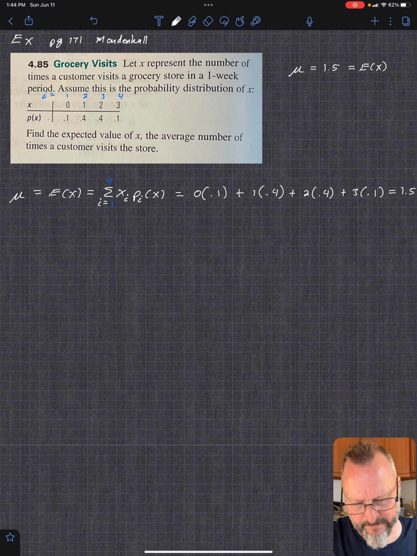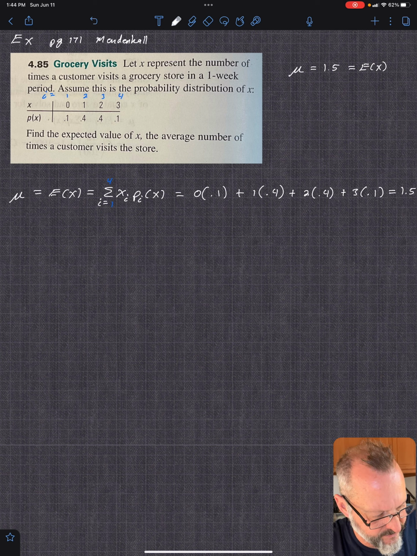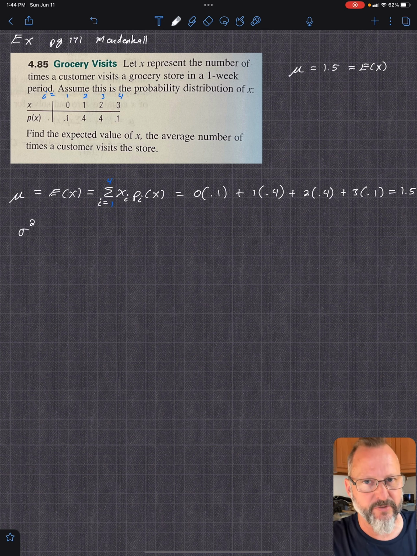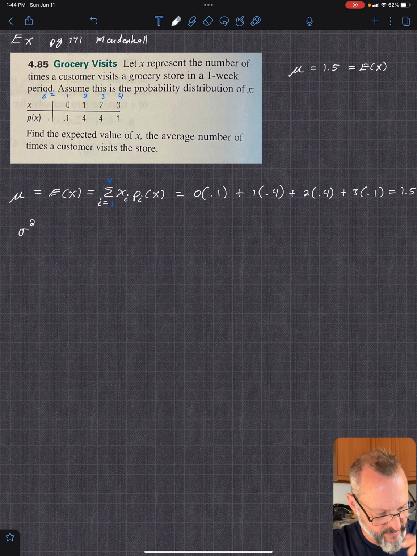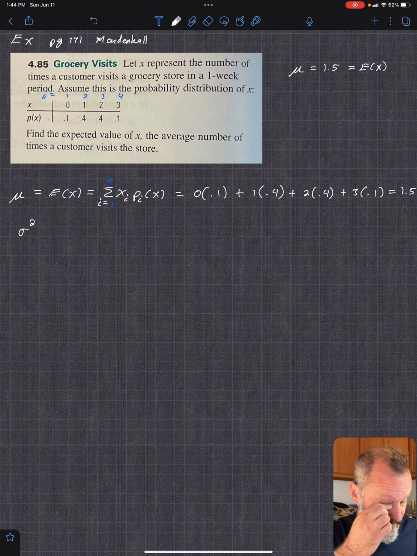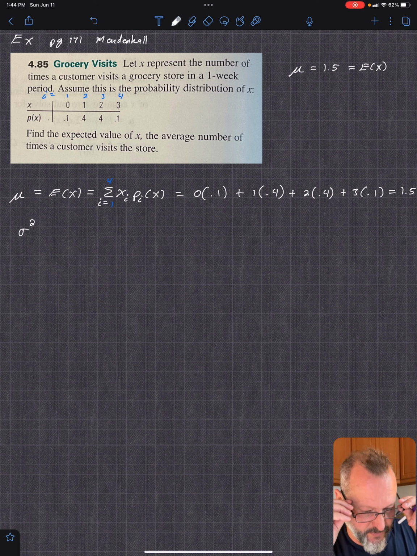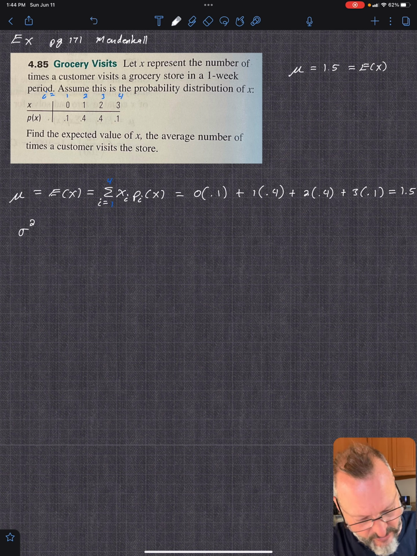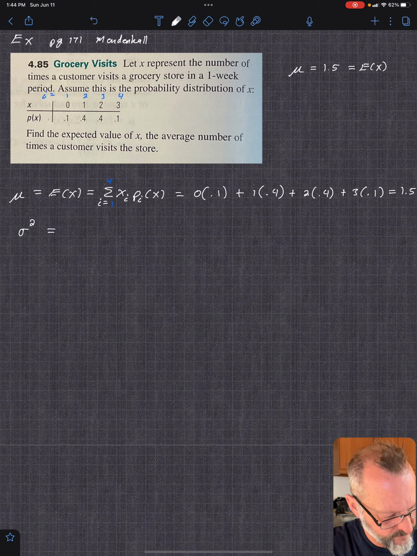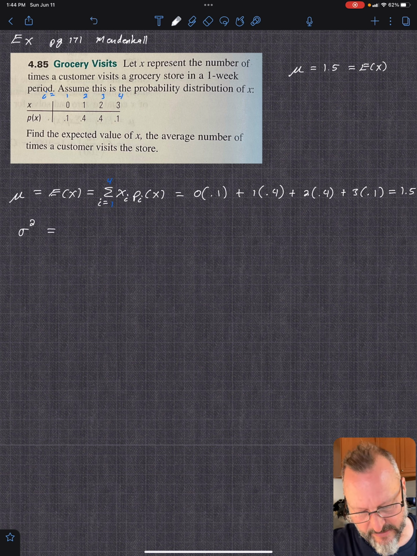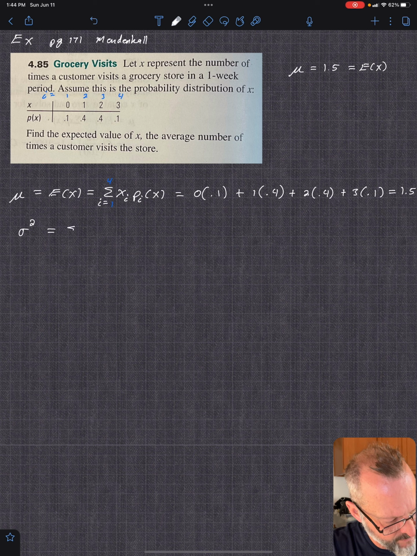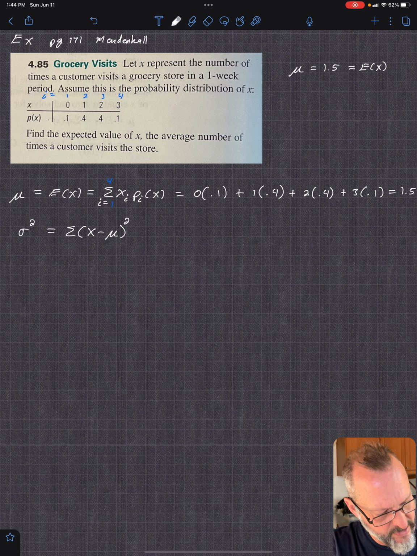All right, so now let's go ahead and calculate the variance, and then we'll do the square root to find the standard deviation. It didn't ask that, but I figured we should practice it. So I'll show you how you do that. It's the sum over all the x values. You're going to subtract mu, square it, and multiply by p of x.